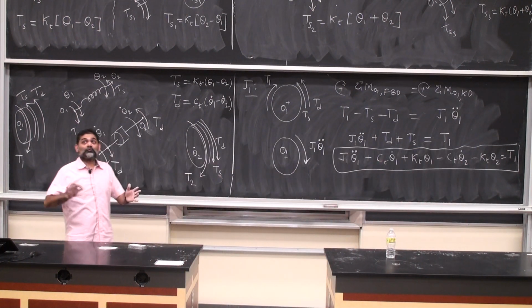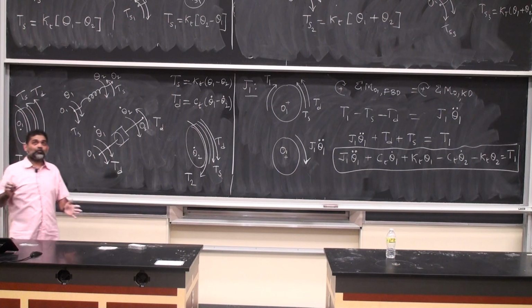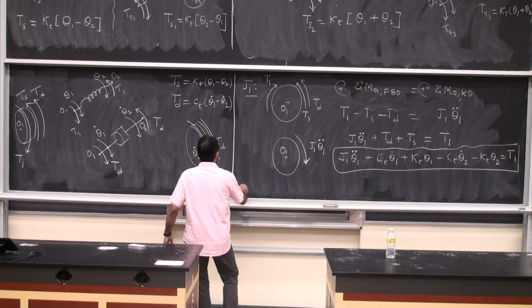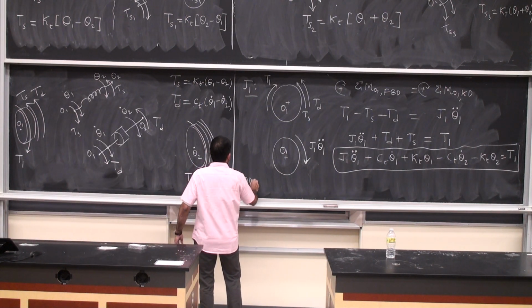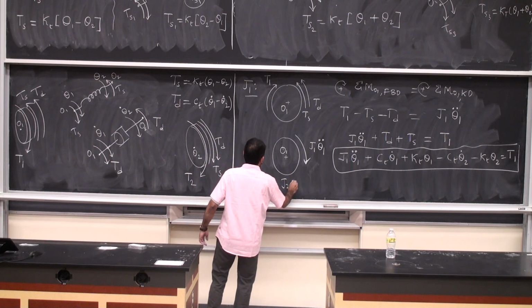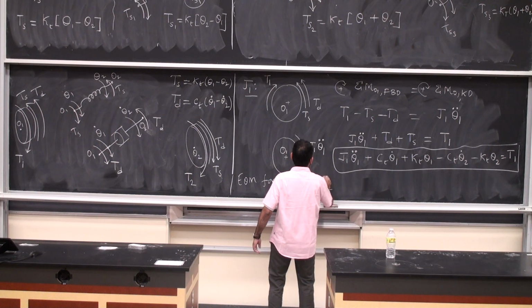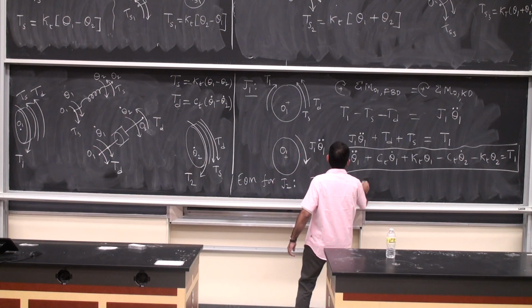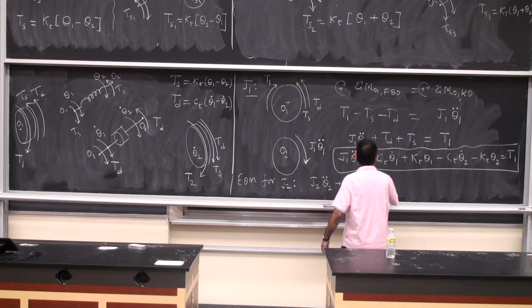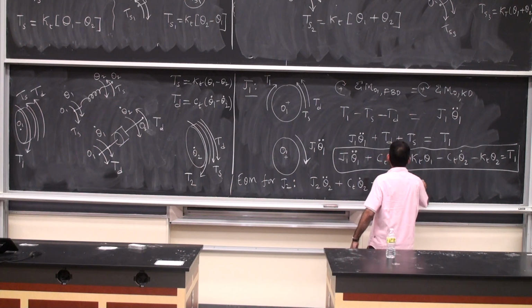For the second mass, I'm not going to solve it. It's straightforward. I'll be posting it in my notes. This is the equation of motion for J2. It is going to be J2 theta 2 double dot, Ct theta 2 dot, Kt theta 2. Check it out and see.